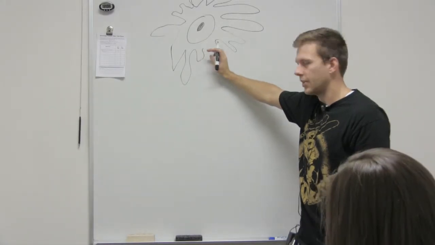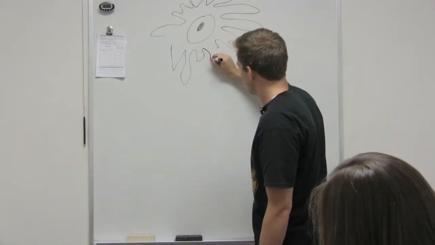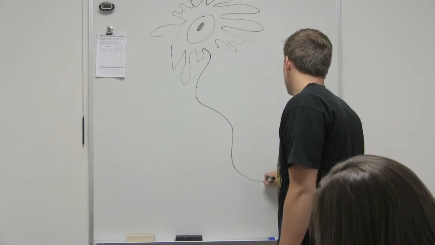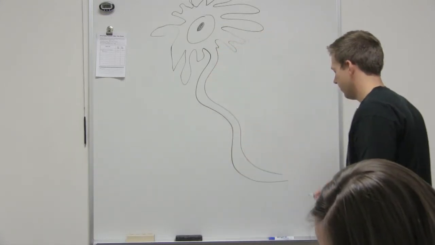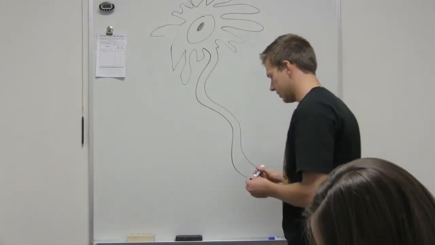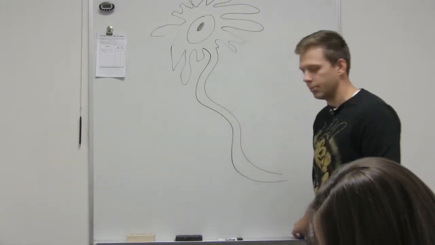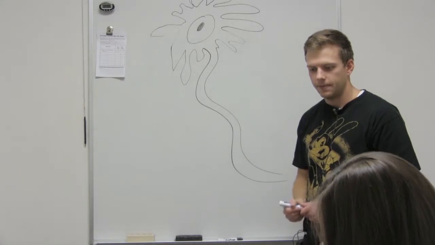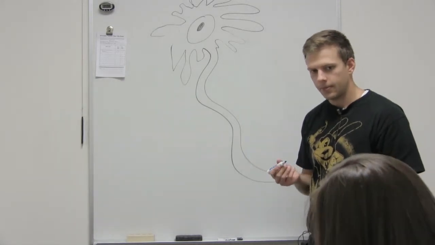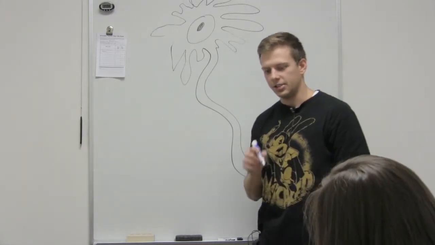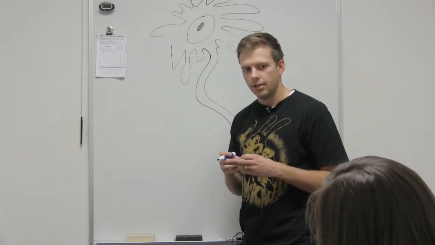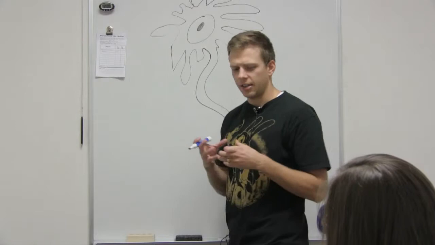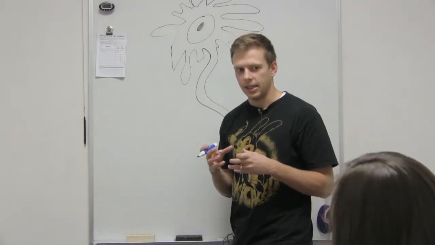So we have the dendrites, and then what do we have? The axon. Yes. So this is what an axon looks like. And then what do we have that surrounds the axon to protect it? Synapses? No. What surrounds the axon is the myelin sheath. The myelin sheath is like a fatty layer that just protects the axon.